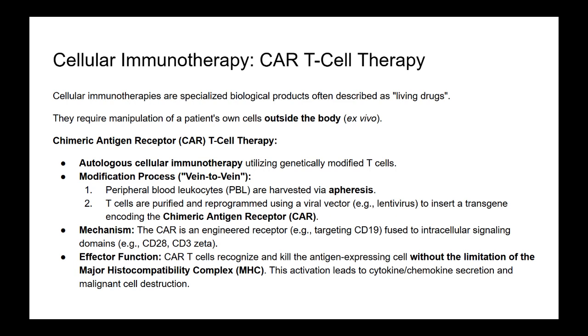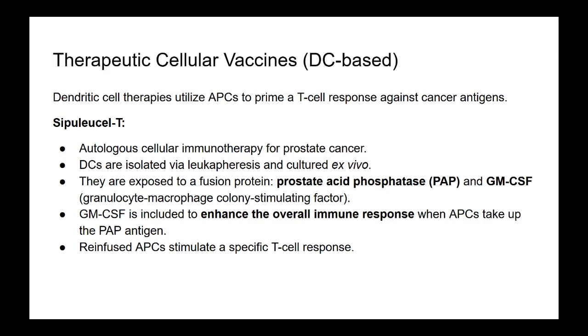Dendritic cell therapies utilize antigen-presenting cells to activate a T-cell response against cancer antigens. One example of such a therapy is Sipuleucel-T, which is used to treat prostate cancer. This autologous cellular immunotherapy involves isolating dendritic cells from the patient through a process called leukapheresis, followed by culturing these cells outside the body.